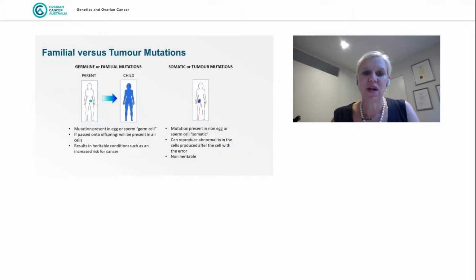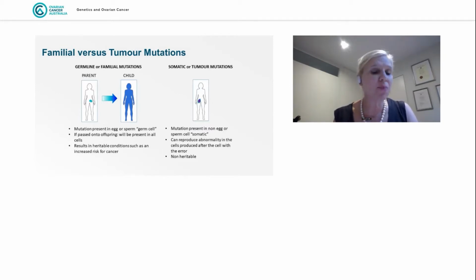So Marion has already described beautifully the difference between familial and tumour mutations. So the familial or hereditary mutations are ones found in the egg or the sperm that are passed by hereditary to the offspring, and they're present in all cells.